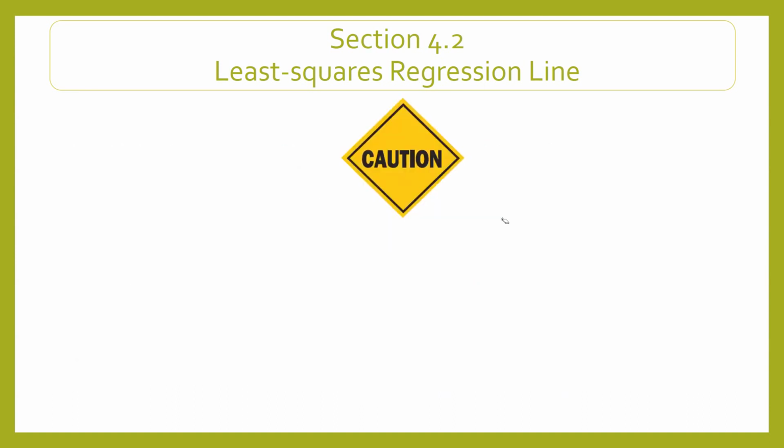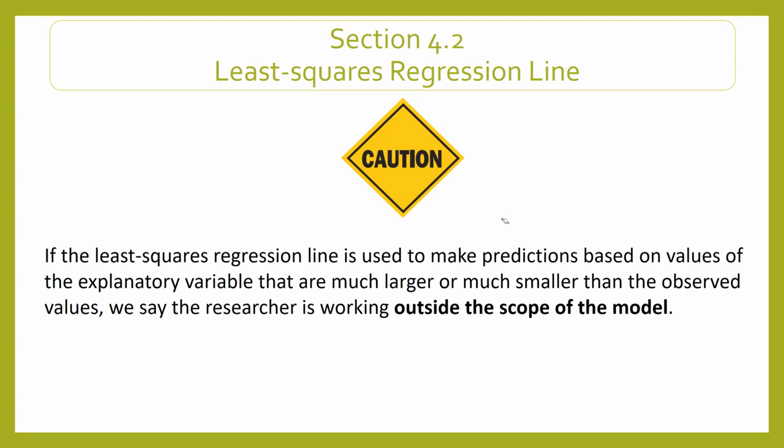All right. So very quickly, before I round up this section, I want to talk about a caution. If the least squares regression line is used to make predictions based on values of the explanatory variable that are much larger or much smaller than the observed values, we say the researcher is working outside the scope of the model. Be extremely careful, because we talked about this before in my previous slide.